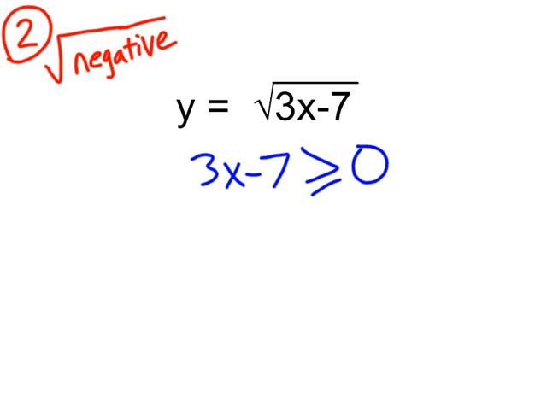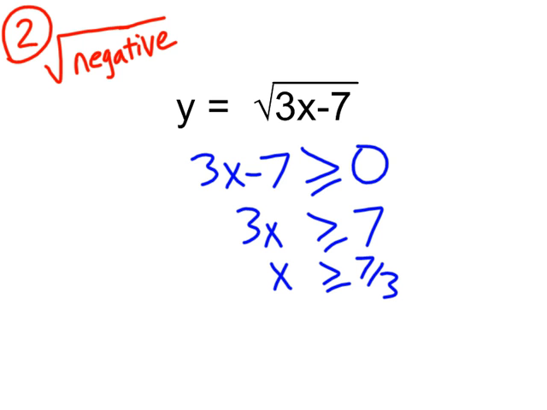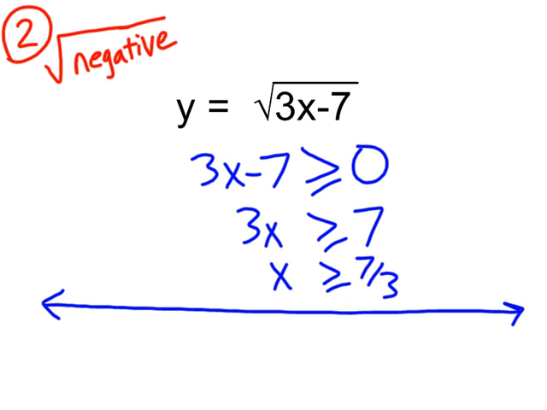And then again, just like solving an equation, we do the same steps. Add the 7 over to the other side. Divide by 3. And again, I ask you to think of that as a number line. Let's say that right here is 0, and here is the positive number 7/3.